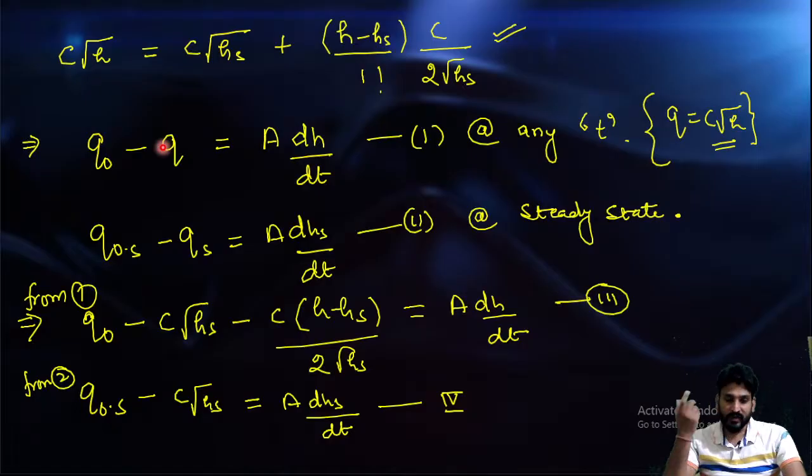C under root h is non-linear, and a linear equation can be solved easily by the system. Yes, we know that, Anushka. But actually, I'm asking whether c under root hs is non-linear or linear. C under root h is non-linear, but what about c under root hs?